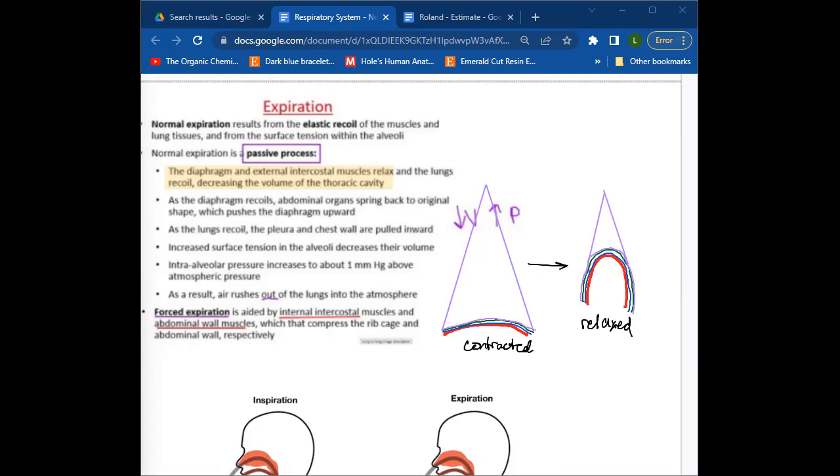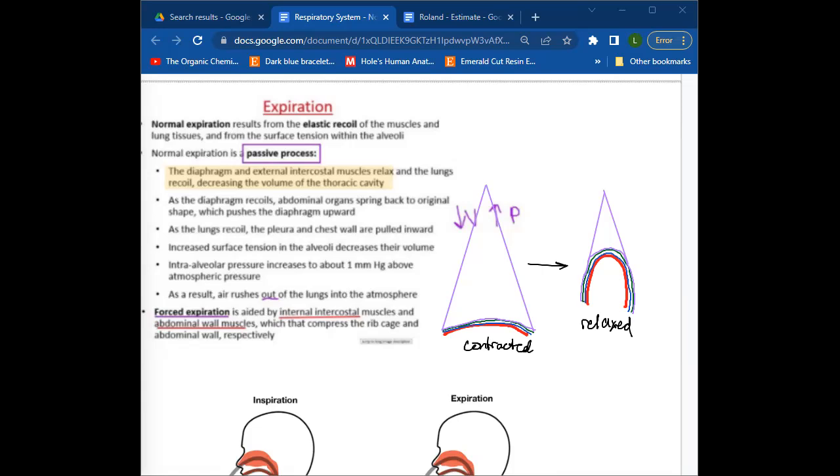And as they move back down and in, then the volume is going to decrease in both places.